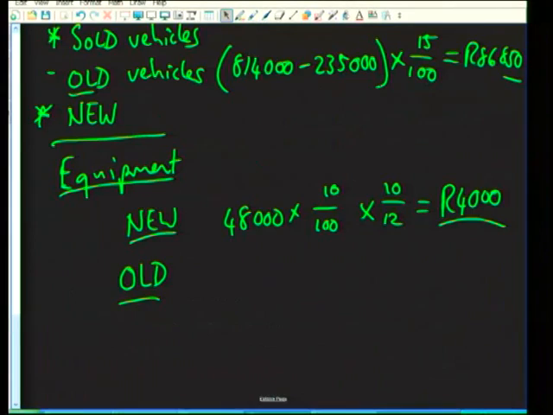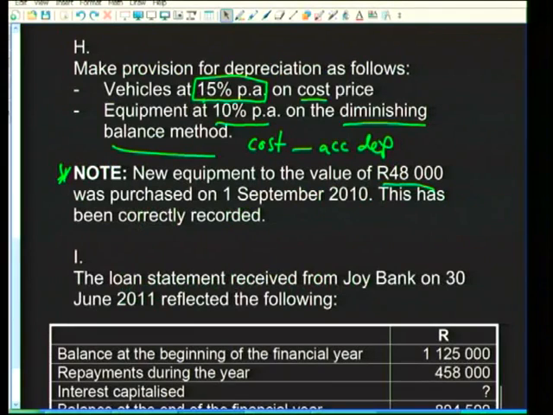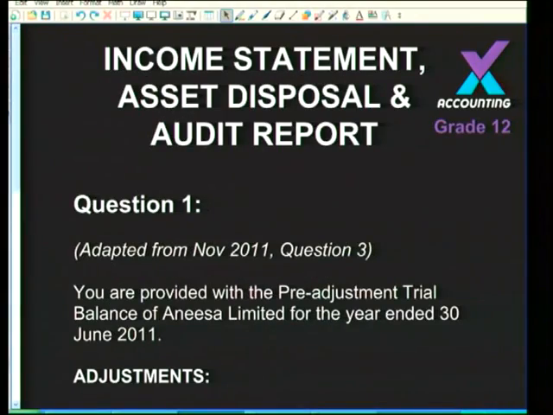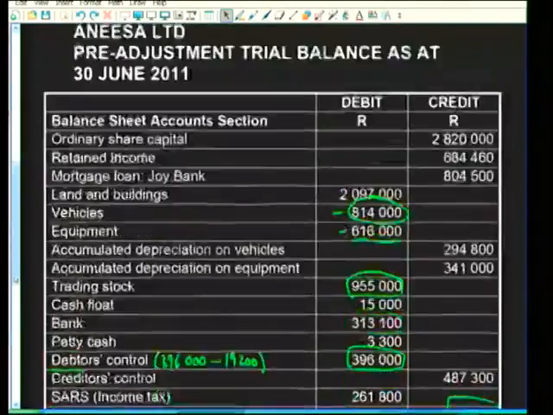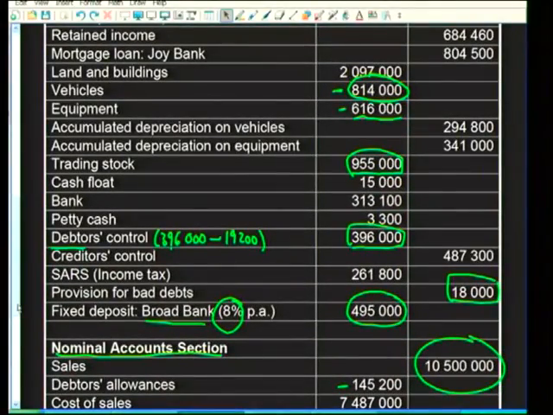So to do the calculation, the old equipment consisted of 616,000 Rand, but we did not have that 48,000 at the beginning of the year. So we will have to subtract the 48,000 there. What's more, we still have to subtract the accumulated depreciation on this equipment, because depreciation is calculated on the diminishing balance method. So we would have to go back to our trial balance and find the accumulated depreciation on equipment. Here it is.